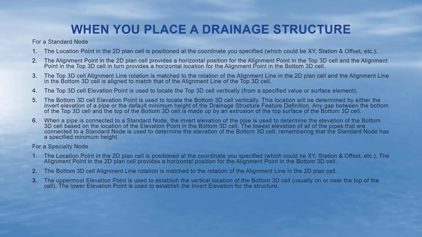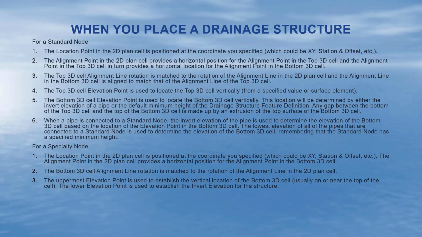Then, the bottom 3D cell alignment line rotation is matched to the rotation of the alignment line in the 2D plan cell. The uppermost elevation point is used to establish the vertical location of the bottom 3D cell. This is usually on or near the top of the cell.